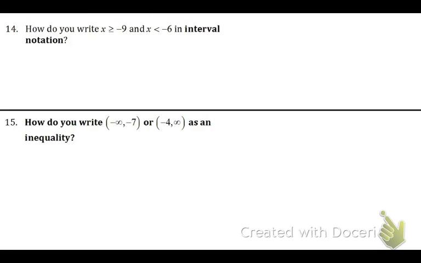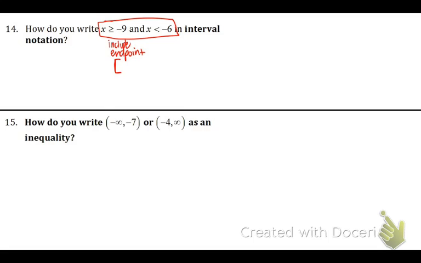Number 14. How do you write x is greater than or equal to -9 and x is less than -6 in interval notation? So I'm just going to take some notes underneath what we're given. This is the important stuff right here. So greater than or equal to, that means we are going to include the endpoint. The line is underneath the symbol, and we're going to use a bracket.